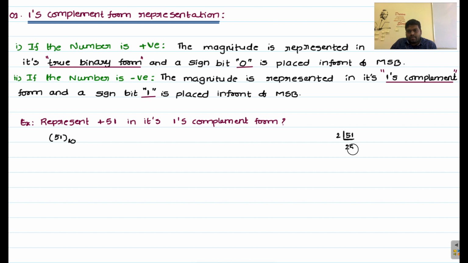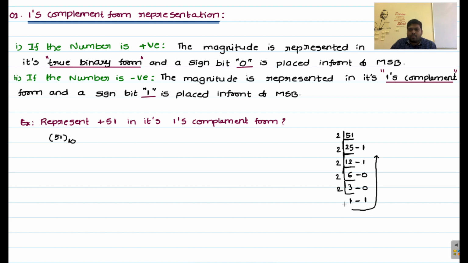2 25s are 50, so remainder is 1. 2 12s are 24, so remainder equals 1. Next, 2 6s are 12, remainder equals 0. 2 3s are 6, remainder 0. And 2 1s are 2, and the remainder equals 1. You move from bottom to top.